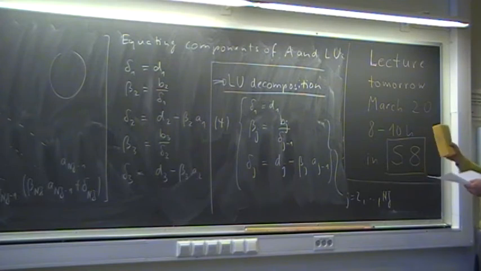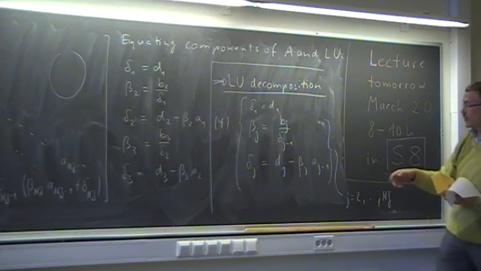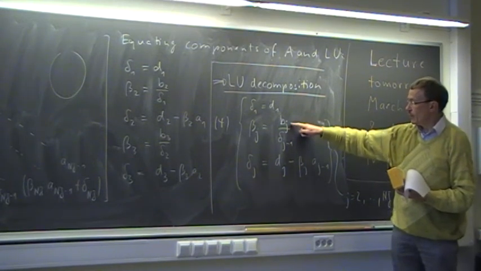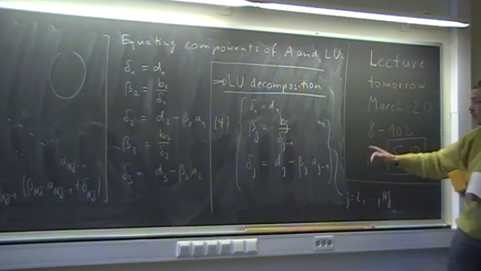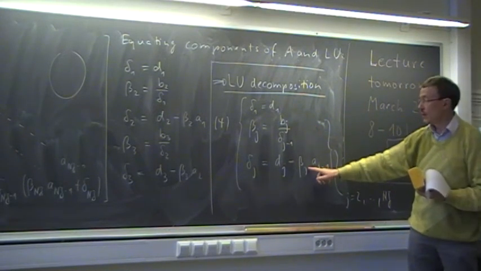So then we have the LU decomposition. And now when we look at this, we see that once we have used the bj, it is no longer needed. What is needed here is the beta j.